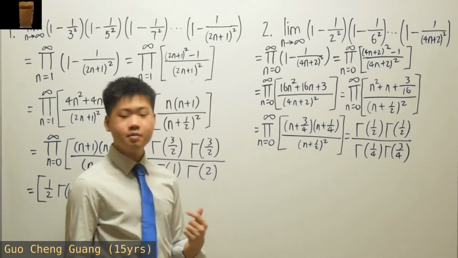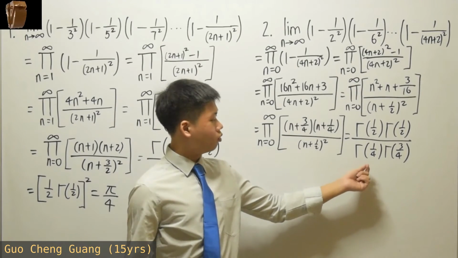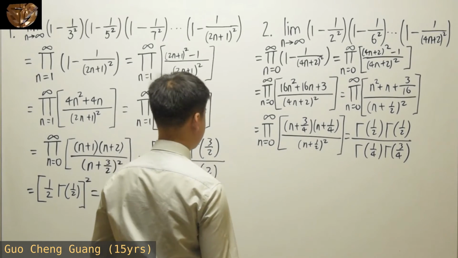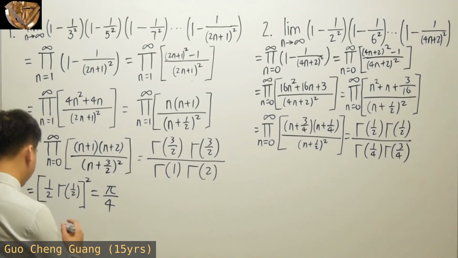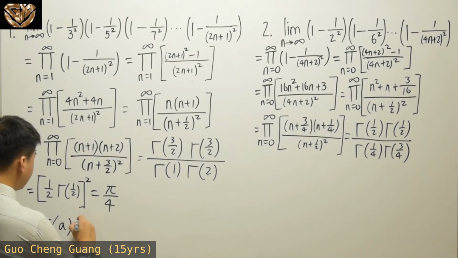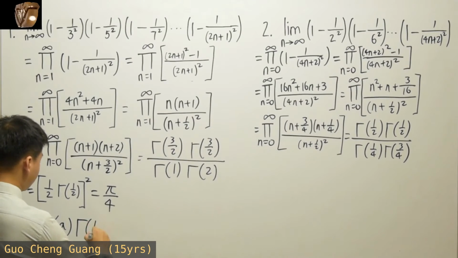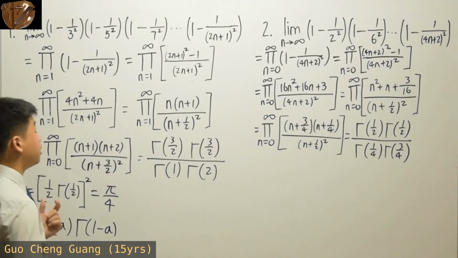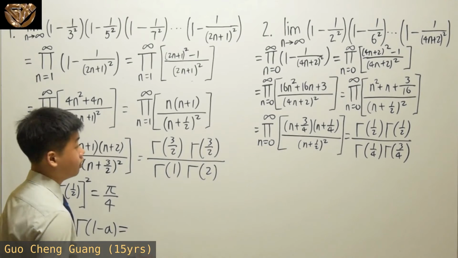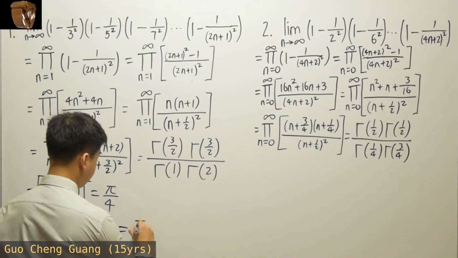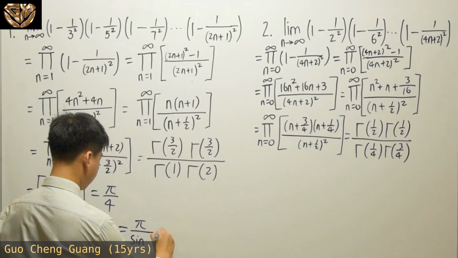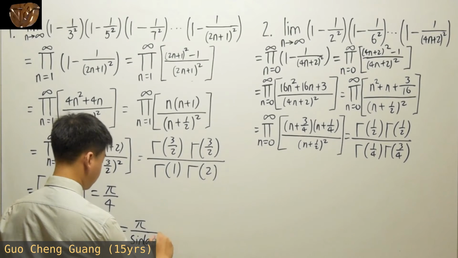Wait, at this part, it seems like it's unsolvable since we do not know what gamma 1 over 4 is, right? Well, we have another formula for this part. We would have gamma A multiplied by gamma 1 minus A, where A is bigger than 0 and smaller than 1, equals pi over sine A pi.